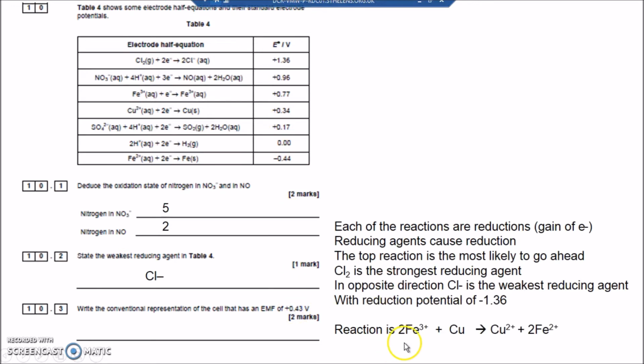So what kind of cell diagram have I got? I've got Fe3+ going to Fe2+, and I put those on the outside. So whatever's being reduced goes on the outside of my cell. That's my reduction. And on the inside, whatever's being oxidized.